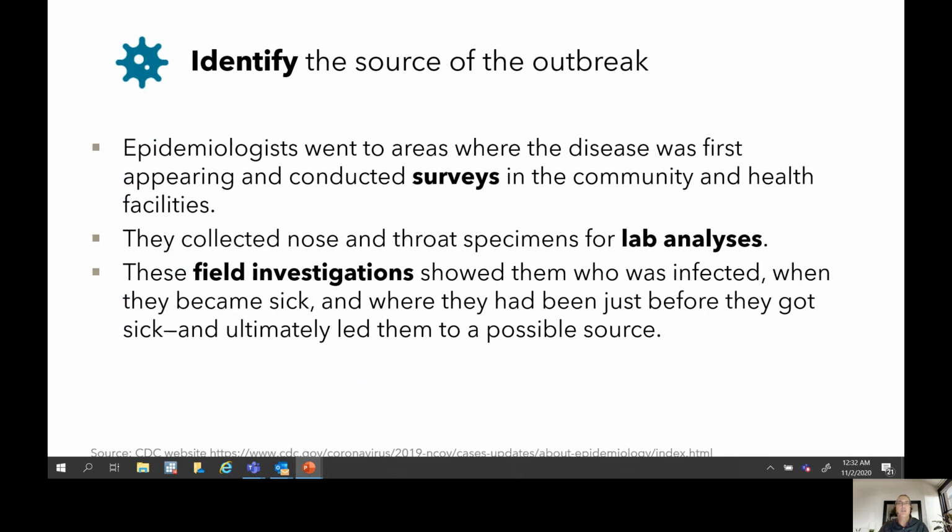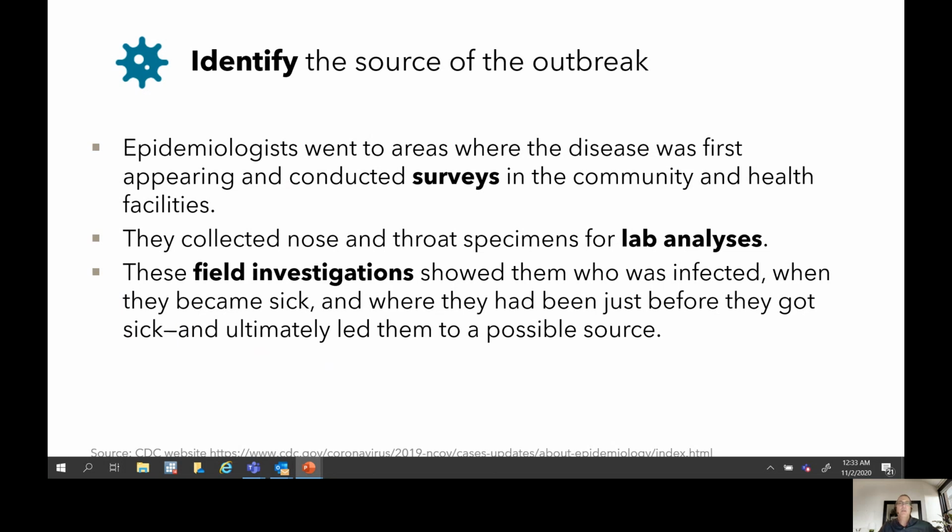This is something that's based a lot on field investigation, and I don't have time to go through it, but there are 10 steps in field investigation. Can provide you more information about that, but how you conduct it requires some real thought in terms of preparation, in terms of collecting data, analyzing it, and then using it for public health action.